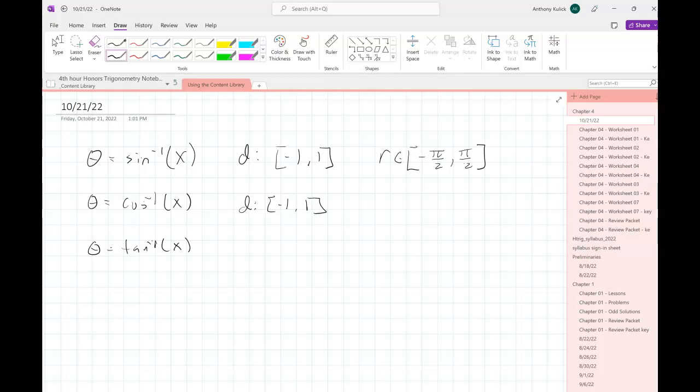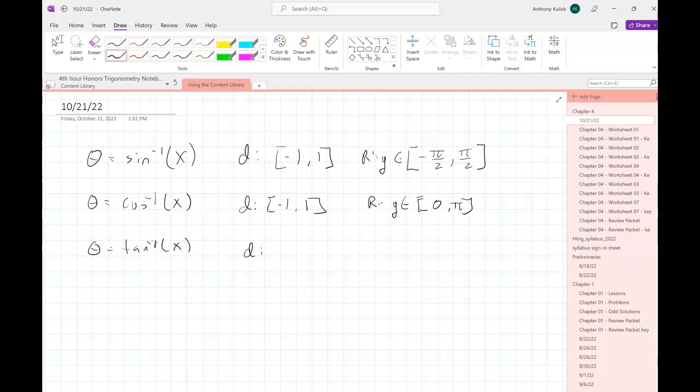Cosine inverse is similar, but the range here for cosine is going to be different. That's going to be between 0 and pi. What's the domain for tan inverse going to be?